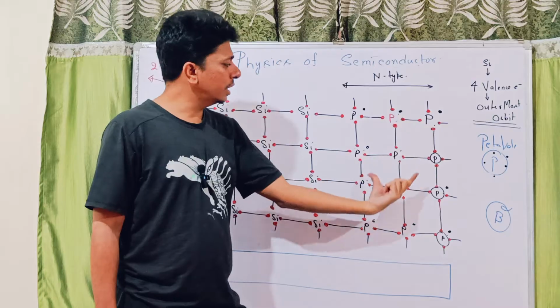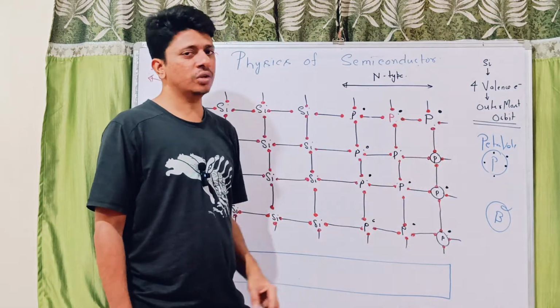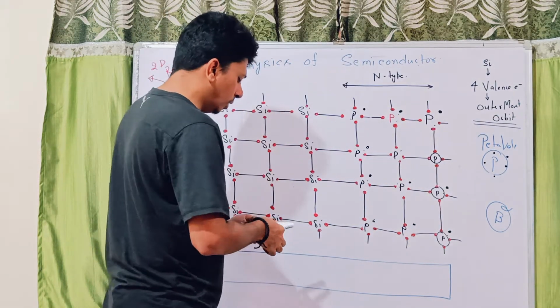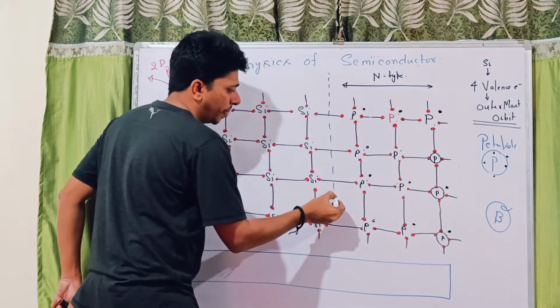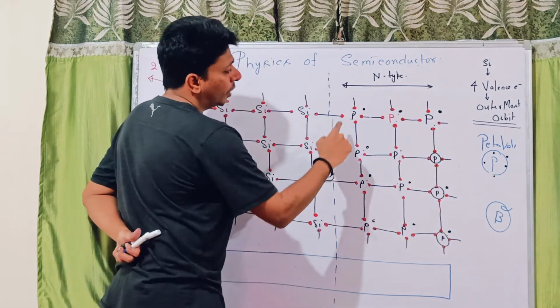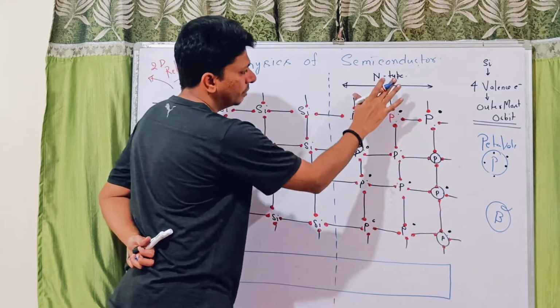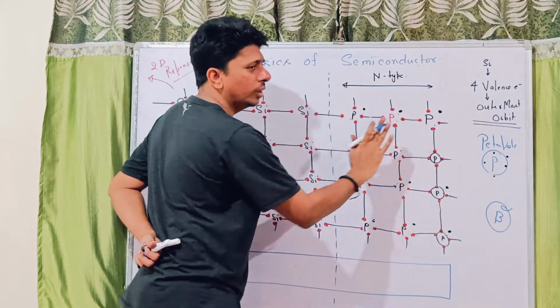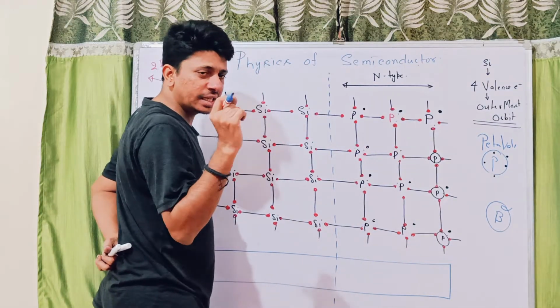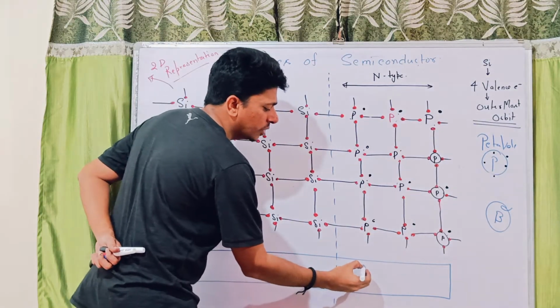Now if you look at this n-type region, extra electrons are there. There are so many covalent bonds, but what is extra? Extra electrons are there.